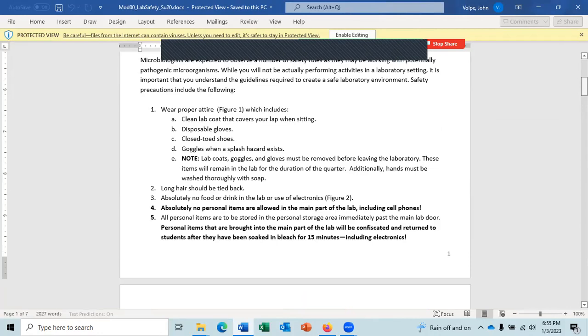Lab coats, goggles, and gloves must be removed before you leave the lab, and they would be reused. Well, not the gloves. The gloves would be disposed of. But the lab coat, you would use your own lab coat, and the goggles would be sterilized before you reuse them.